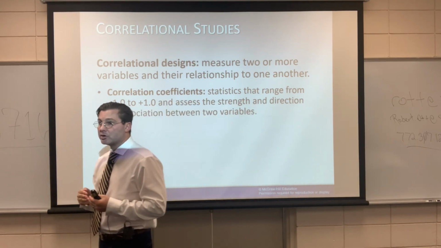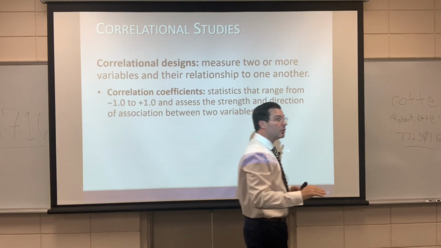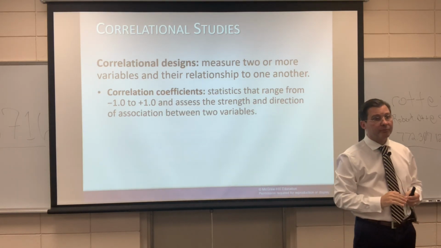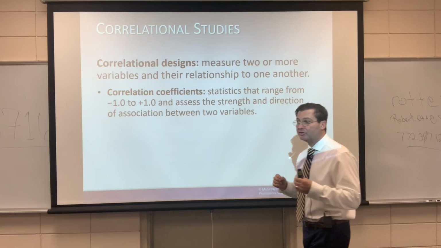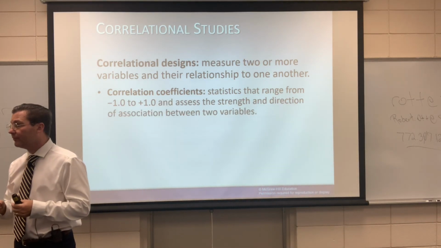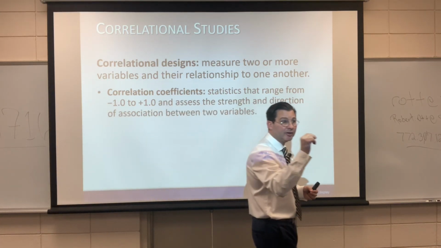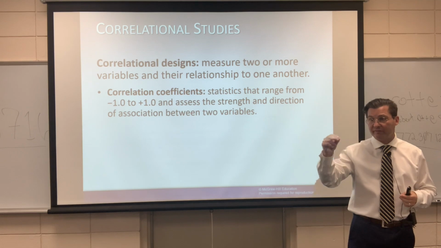The lowest score you can get is a 0. A perfect 1 is rare. A 0 is rare as well. Don't be misled by positive or negative. A positive 0.75 is the same strength as a negative 0.75.